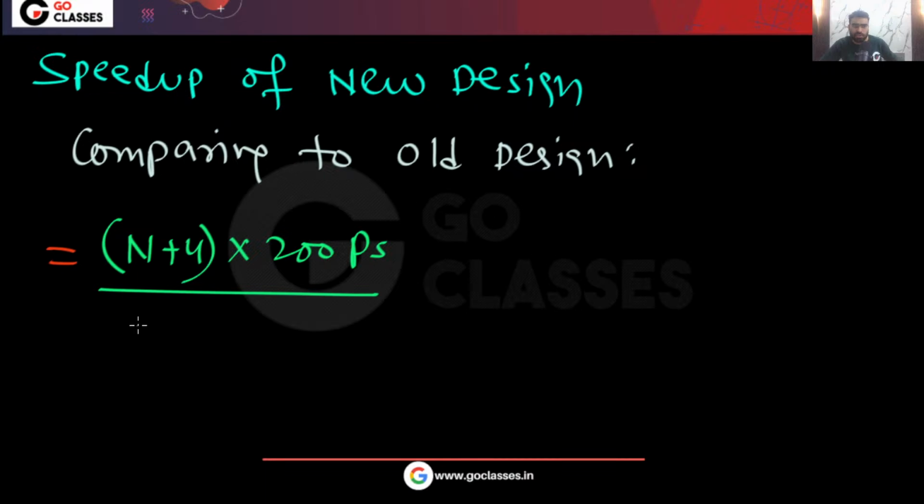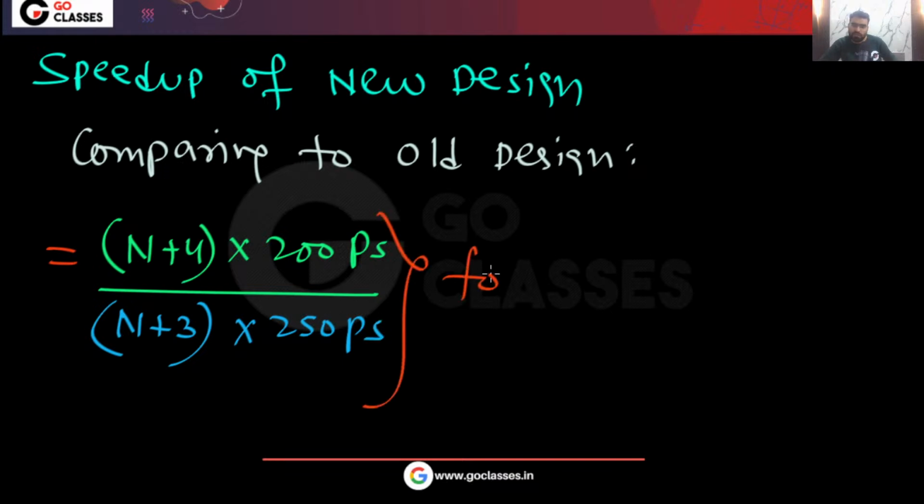The execution time of the new design is n plus 3 multiplied by 250 picosecond. This will be the speed up if you have a total of n instructions.